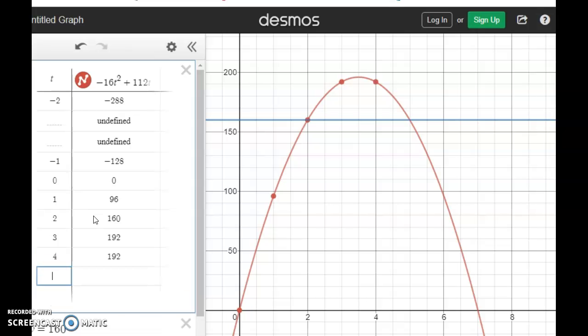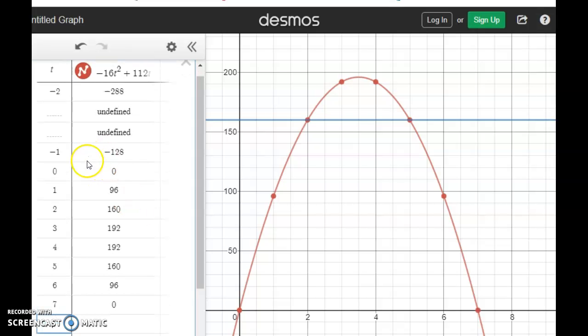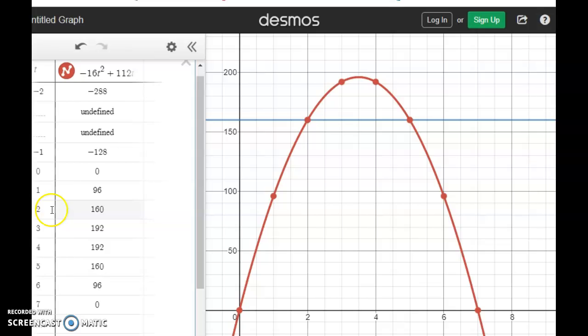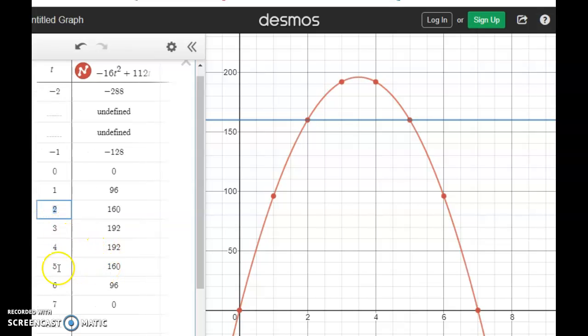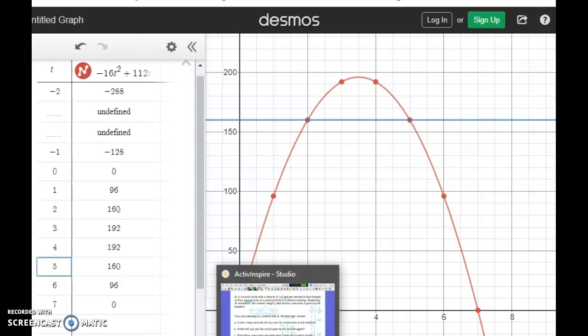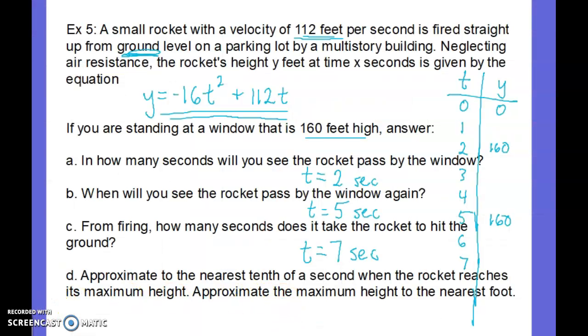I don't know what I did to mess up the settings. But you look at this table and say, okay, 0 is at 0, 1 is at 96 feet, 2, oh, that's what we're looking for, 160. So 2 is our answer. Next time was 5, hitting the ground at 7. That would work as well. You don't have to do problems my way.